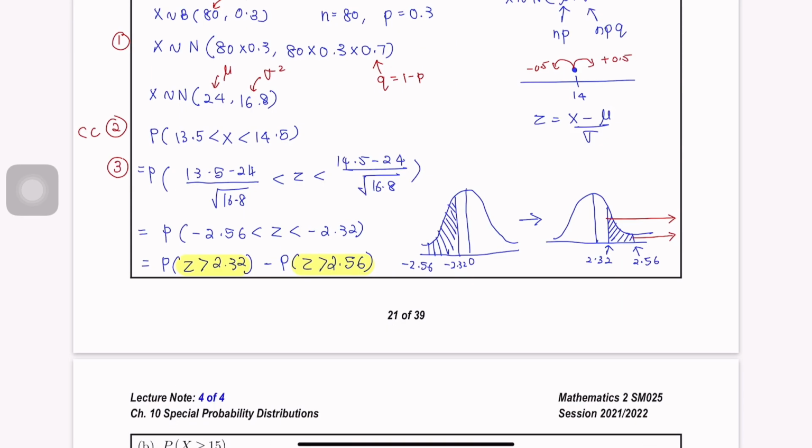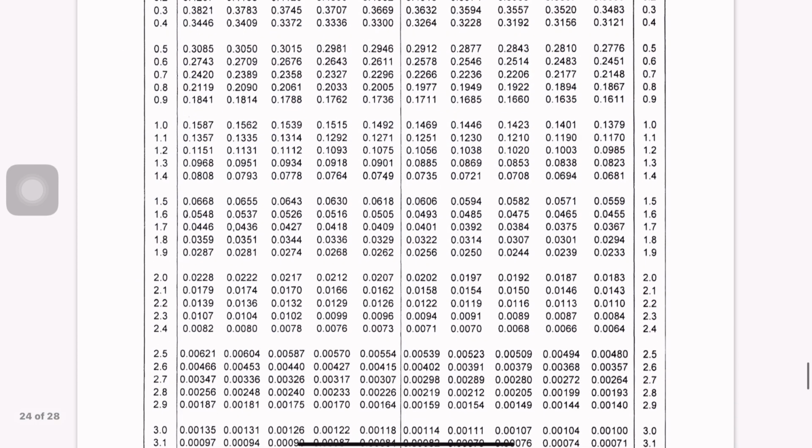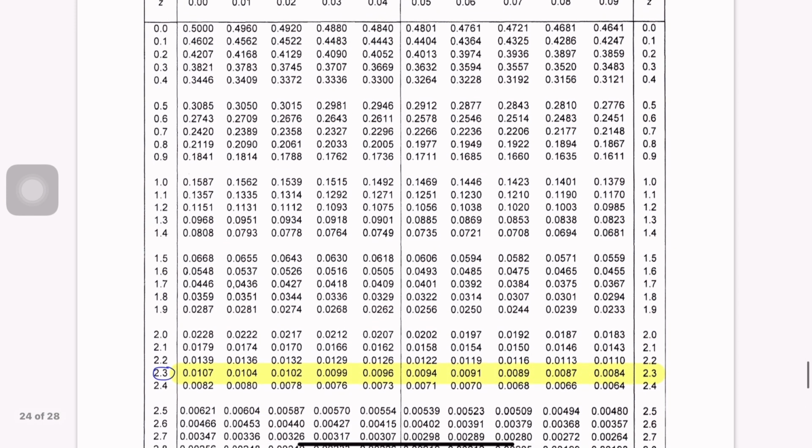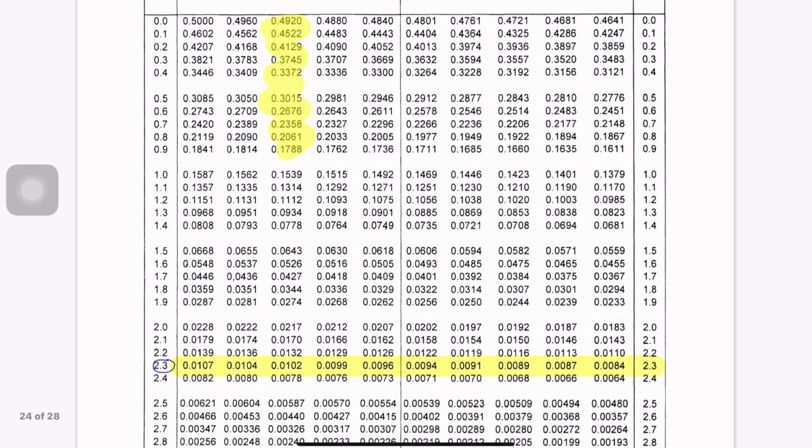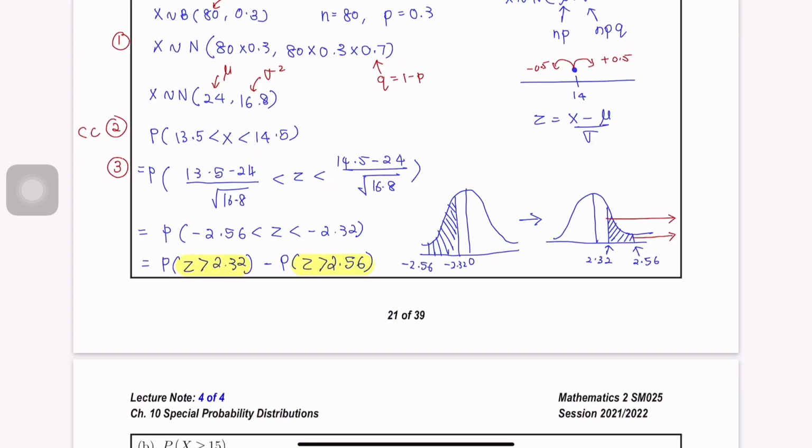So 2.32: this row 2.3, this column 2, so where is 2.32? This one, 0.0102.